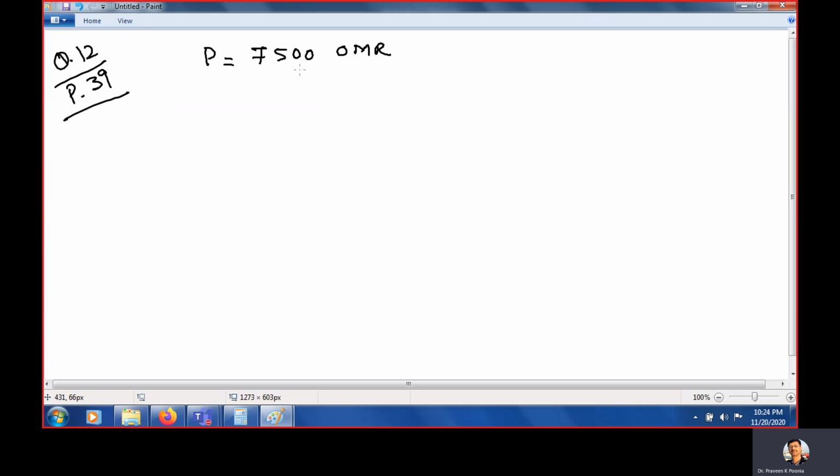Means some person deposits 7,500 Omani Riyal in a bank that pays 6%. R is equal to 6%, 6% means 6 upon 100, and if you divide 6 by 100, you will get 0.06. Clear? Interest compounded continuously. Find the amount, you need to find A, that it becomes after a period of 10 years.